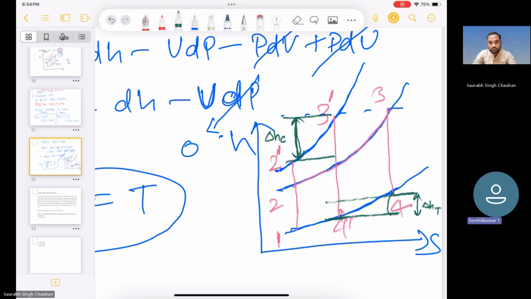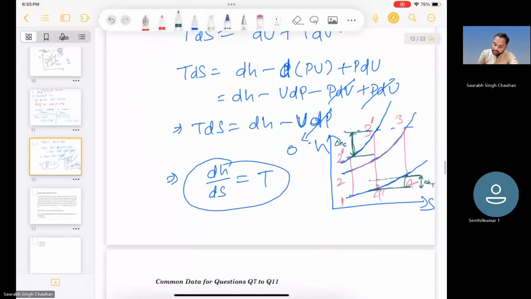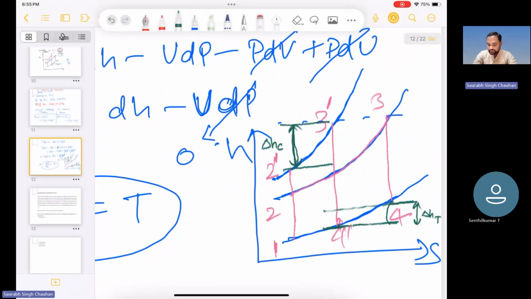Delta H of compressor, sir. Delta H of compressor. And how did we get this? From these concepts, right? By making the correct sloped lines. Whenever we are making the TS diagram or HS diagram, we are roughly drawing some lines, but they are not parallel, right?